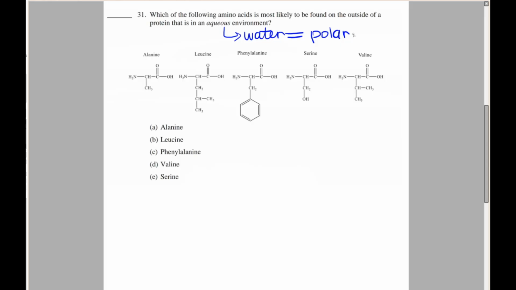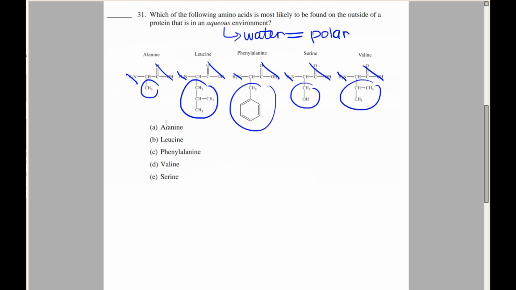So to do that, let's look at the functional groups of each of these amino acids. We always have an amino group and a carboxylic acid, so we don't care too much about these because they're going to stay consistent throughout all of these amino acids. What we're looking at mostly is just the side chains, which are these.